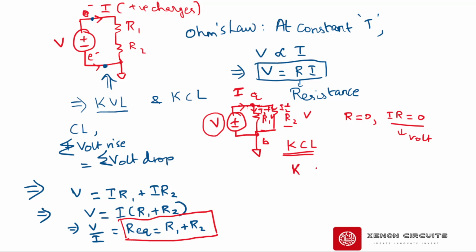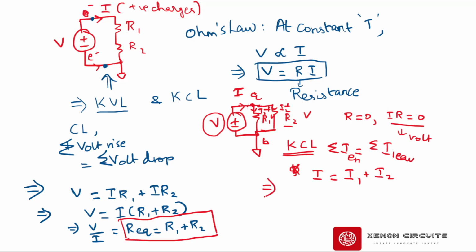Okay. And what does Kirchhoff's current law state? The sum of current entering a node is equal to the sum of current leaving, right? So here the current that's entering is I, and the current that's leaving is I1 and I2.